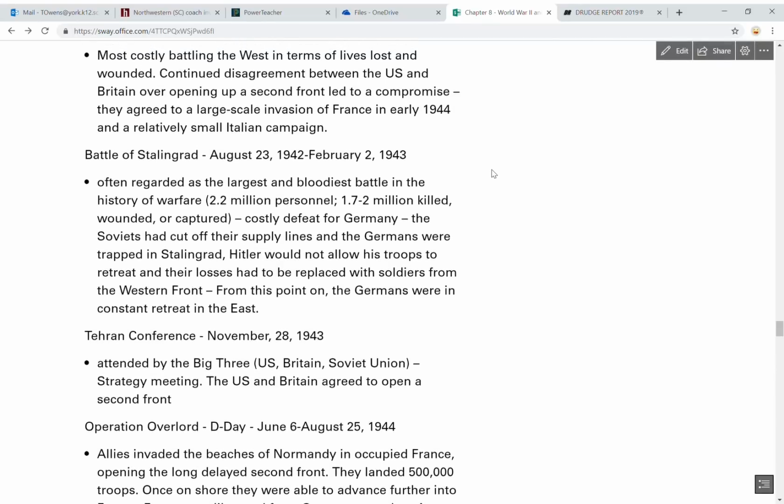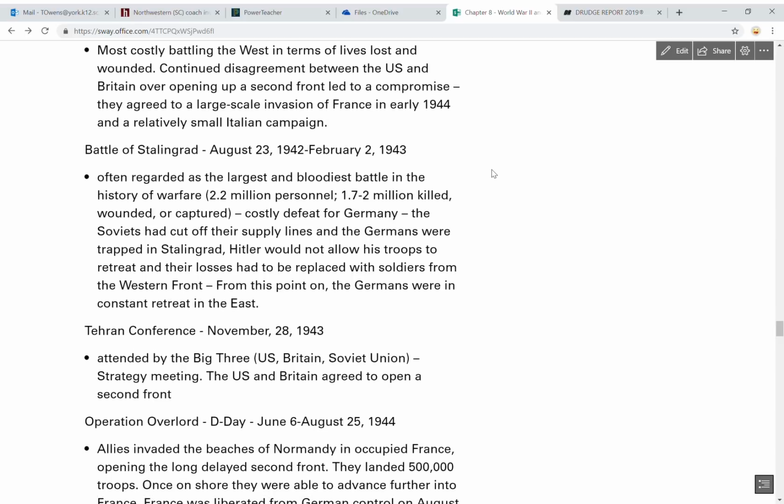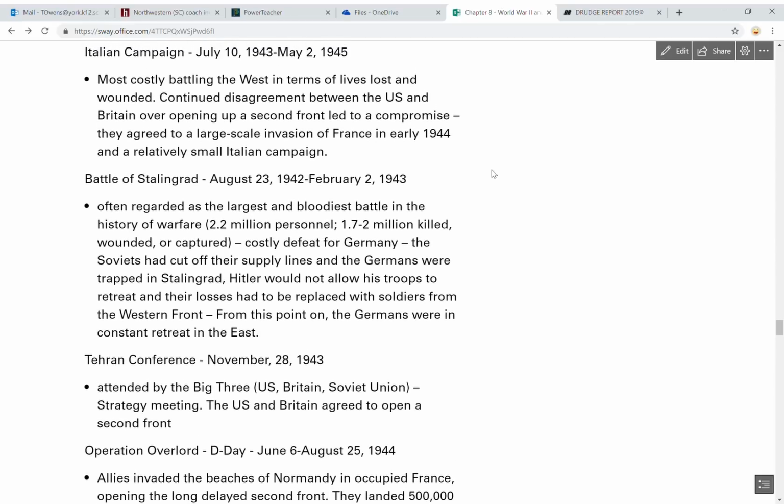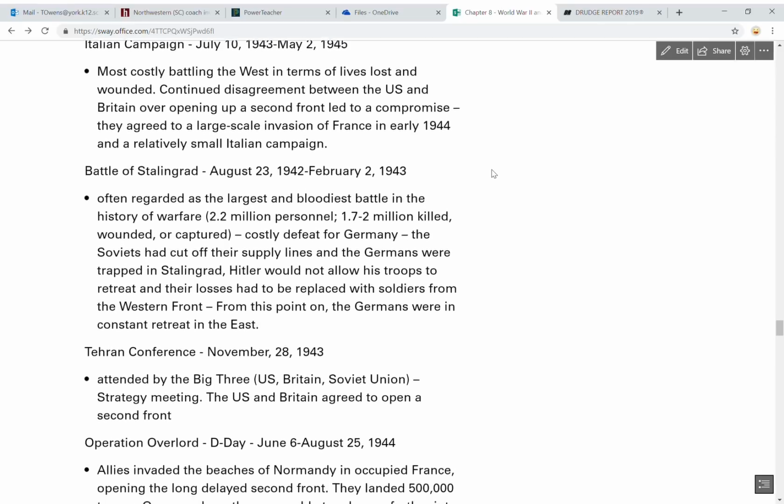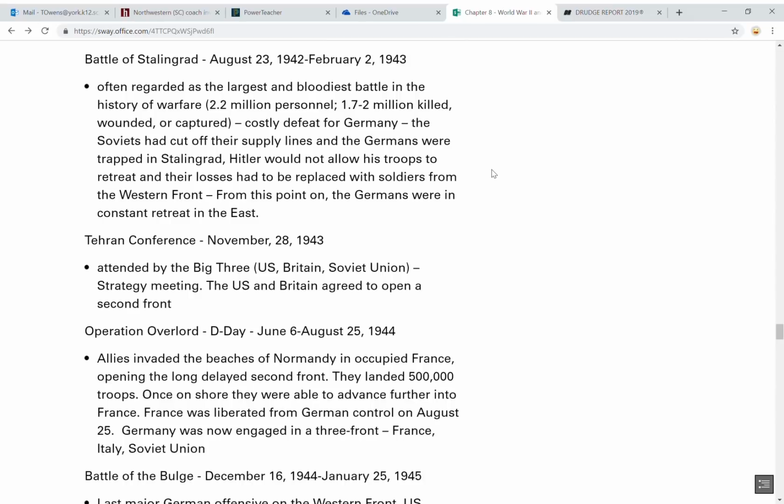They have problems with fuel because their supply line is so long. They're not going to get supplies, and I don't just mean food. I also mean supplies to fix the tanks and to work on the trucks, just general maintenance, and so things fall apart. But they're going to keep on working in there, and they have a lot of problems with the Soviet army, but things are getting ready to turn around for them.